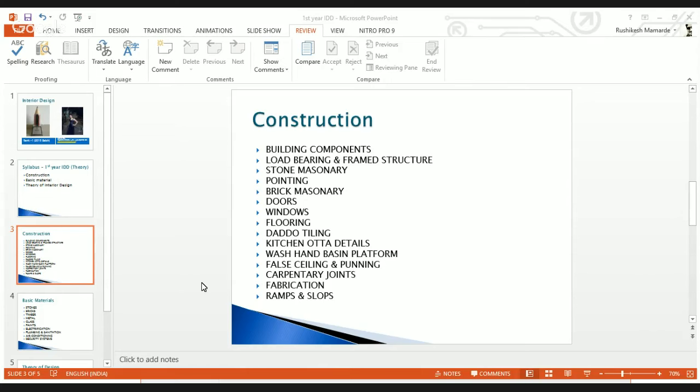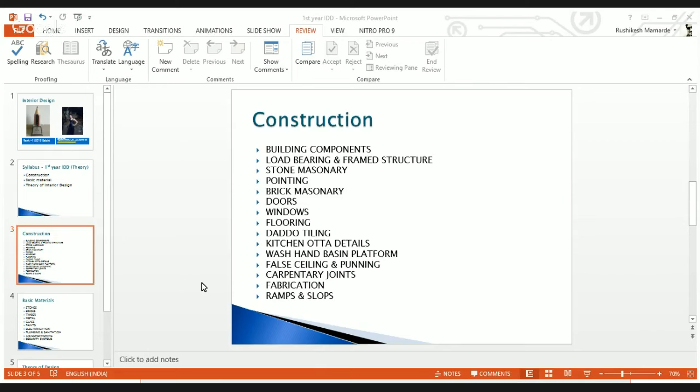First is building components. You must be aware of all these things, but you may think that we are going to study interior designing, right? Then why should we need to know about building components? But you should know them, because building components are the basic things on which the building is standing.